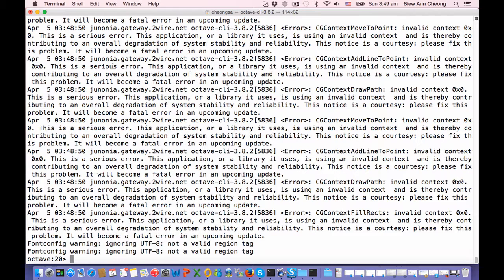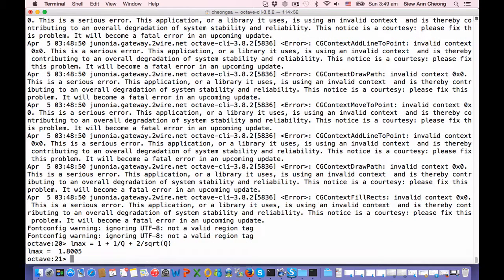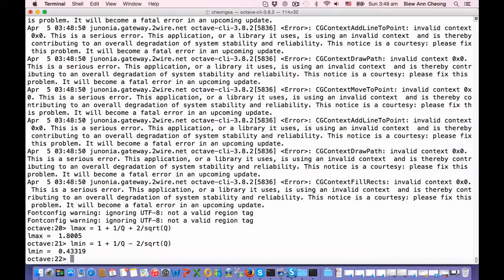So let's go and compute the theoretical maximum eigenvalue, which is 1 plus 1 over Q plus 2 over square root Q, and that is 1.8. And at the same time, compute the minimum one, 1 plus 1 over Q minus 2 over square root Q, which is 0.43319.